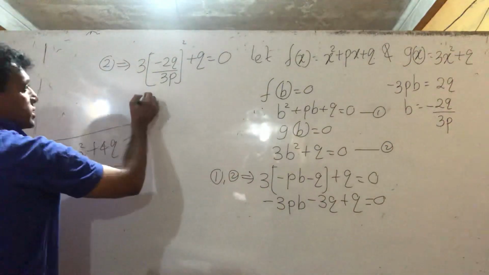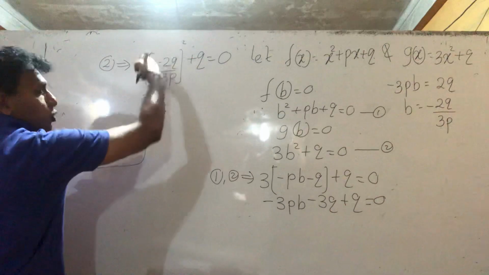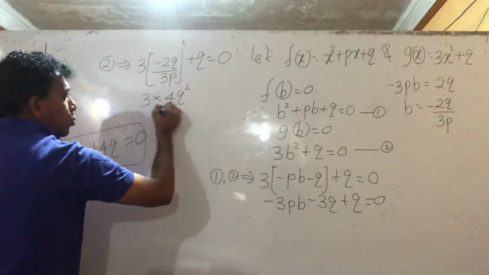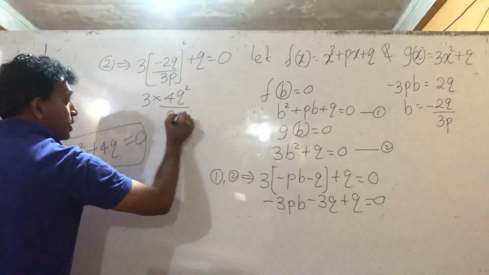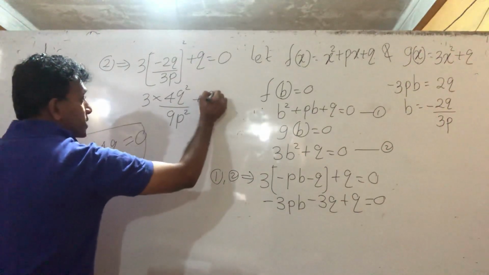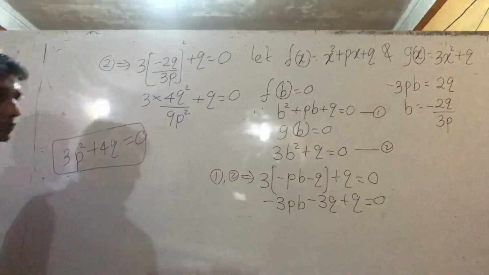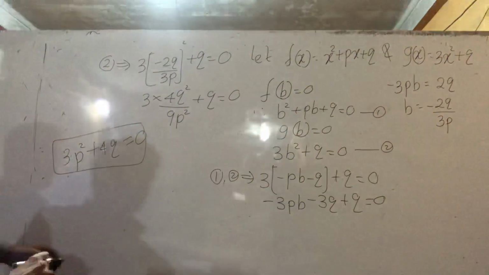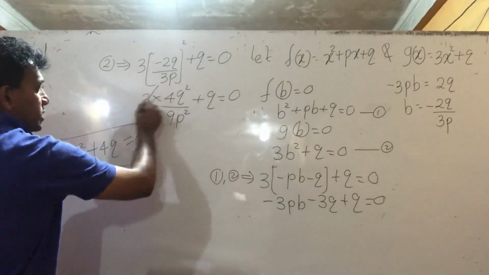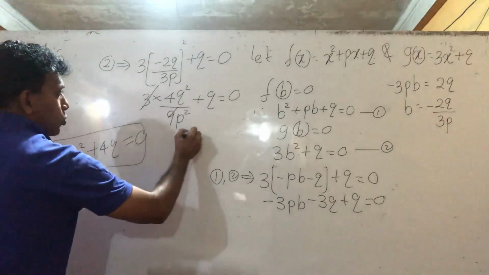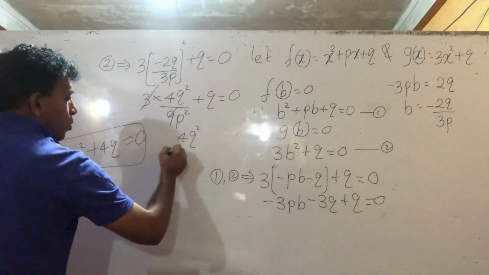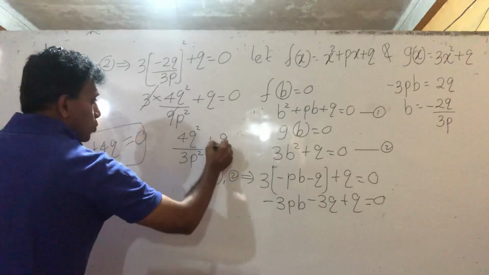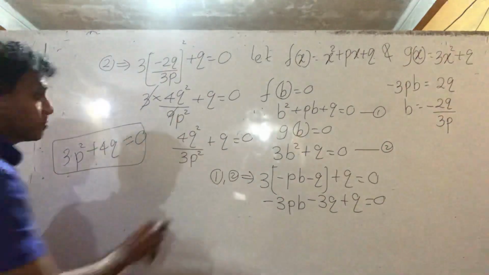Next, here square it: 4q square over 9p square, plus q equals 0. They said p and q are non-zero, right? Now cut the 3. So 4q square over 3p square plus q equals 0, okay?